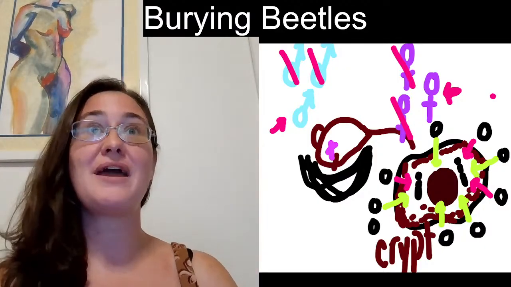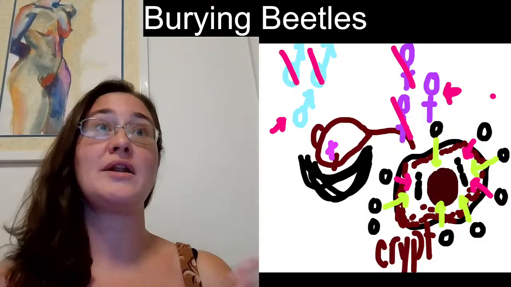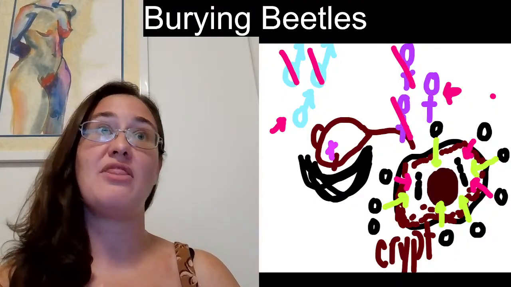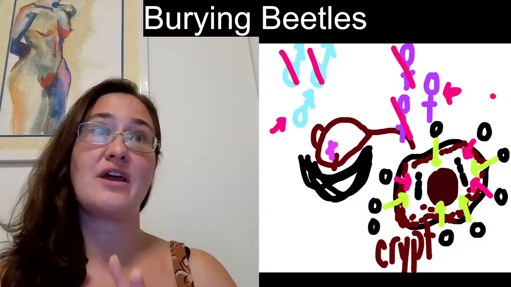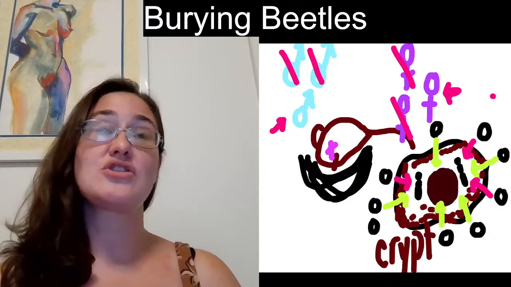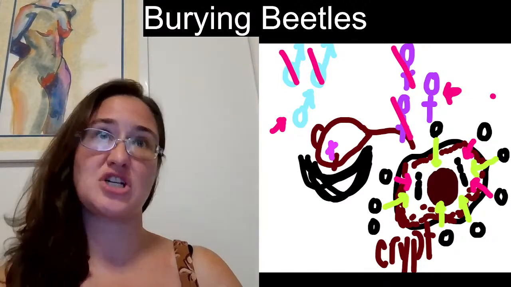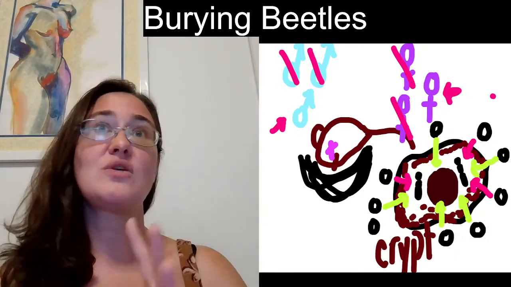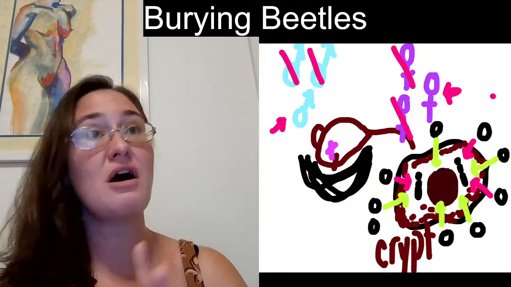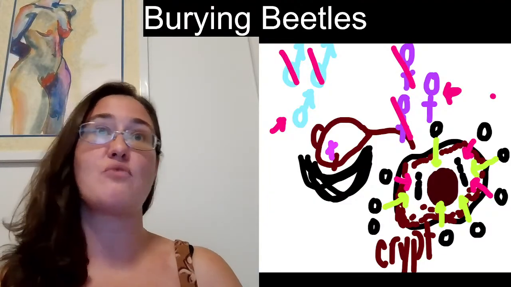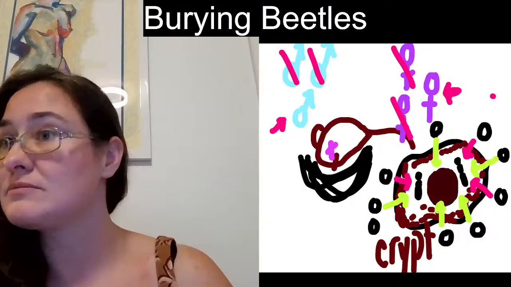So there'll be more than one couple that stays if the food item is larger. It's only one male and one female if it's a small food that will only support one couple's worth of babies.